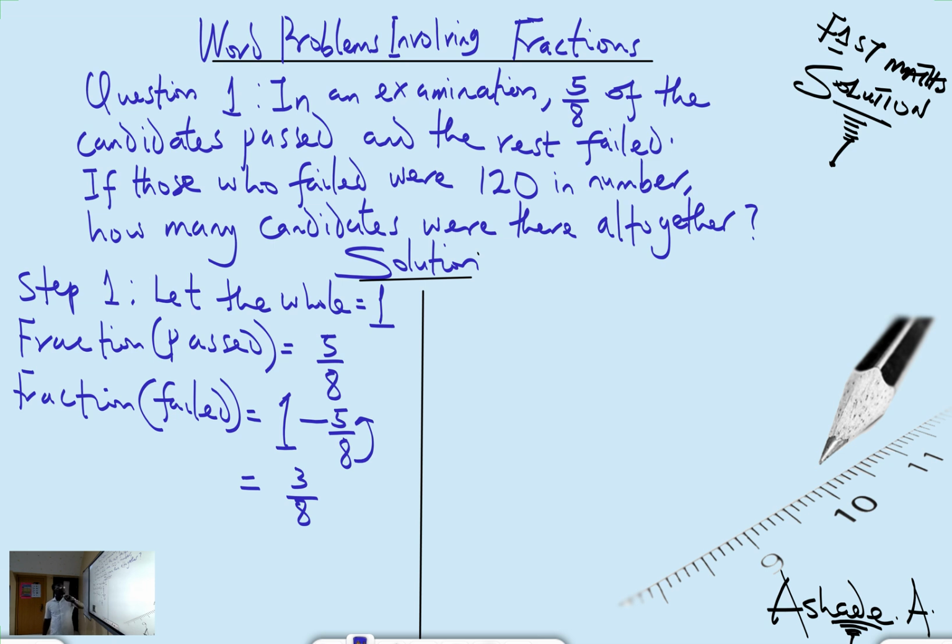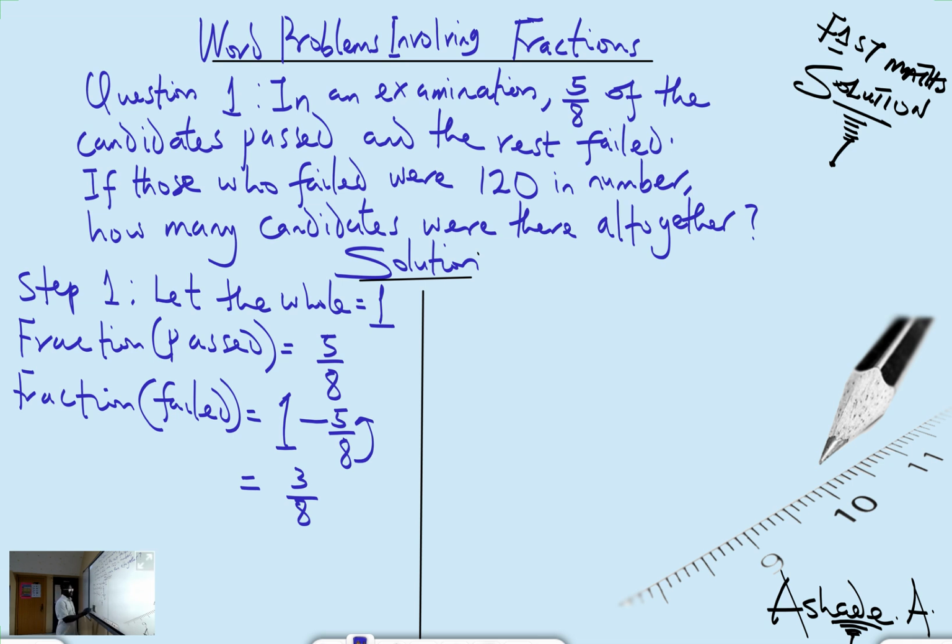And in the question we're told that those that failed were 120 in number. So they gave us the number of candidates that failed, but they didn't give us the fraction. They gave us the fraction of the candidates that passed. So we have calculated the fraction that failed.